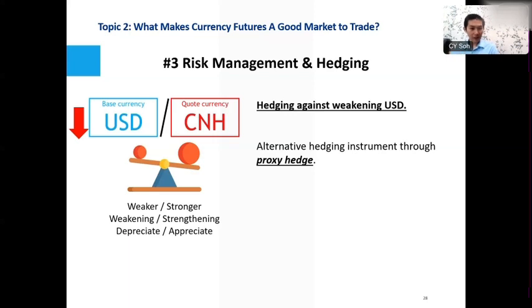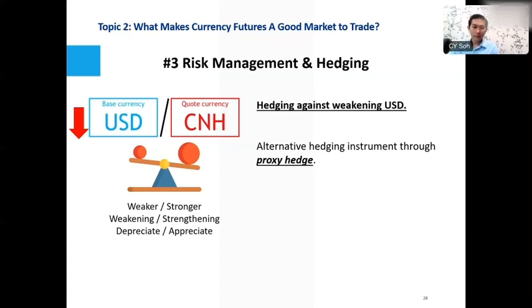So later on, I'm going to give you a quick case study on how to actually do hedging even as a retail trader. So this FCNH, this new currency futures product, you can use as an alternative hedging instrument, as a proxy hedge, to hedge against a weaker US dollar.